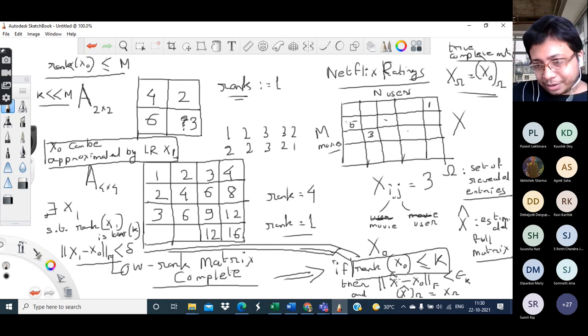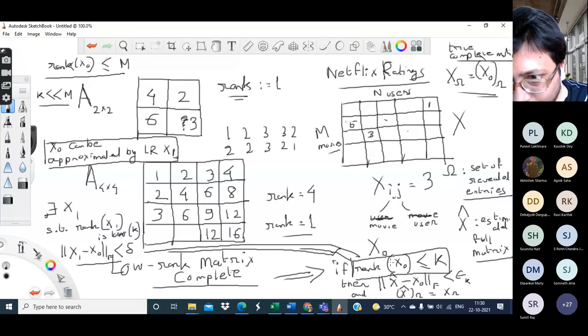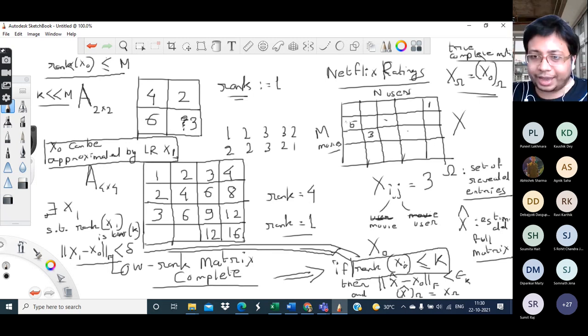So basically, instead of X0, in this case what I was trying to do is estimate X hat, which is like X0 itself. Here I will not try to estimate X0, but instead I will try to estimate X1, and that I will be able to do reasonably well with the help of whatever small number of entries have been given to me.